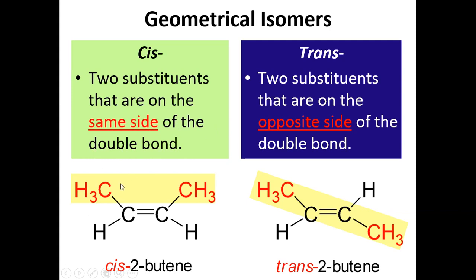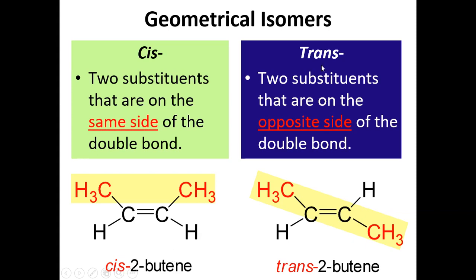Example here, cis, upper or lower side, the same side. If CH3 is on the upper side, the second carbon attached to the methyl is also on the same side, which is cis-2-butene. We call it cis-2-butene.